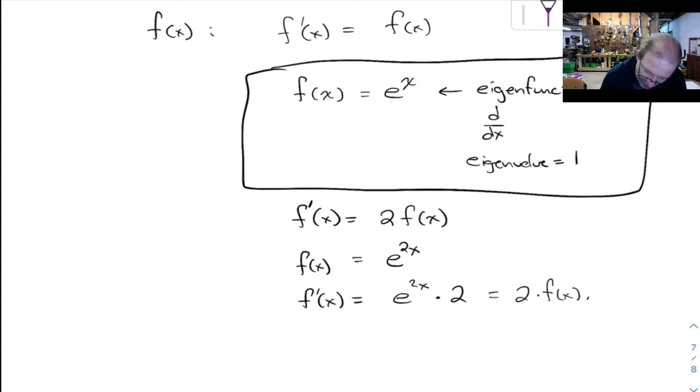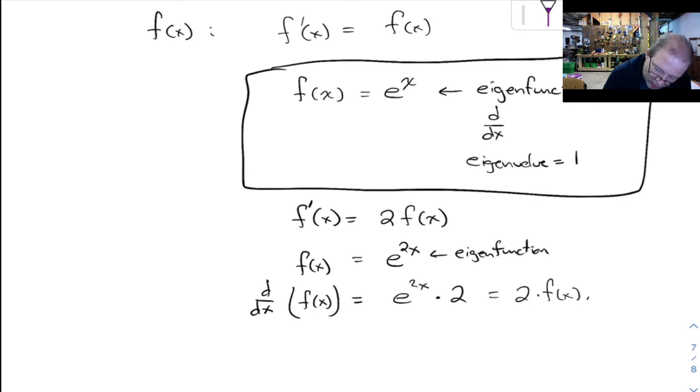And maybe to be a little more consistent with what we've been doing, we could write the derivative of f like that. So e to the 2x is an eigenfunction with eigenvalue 2.